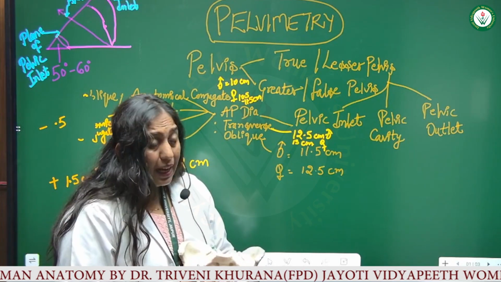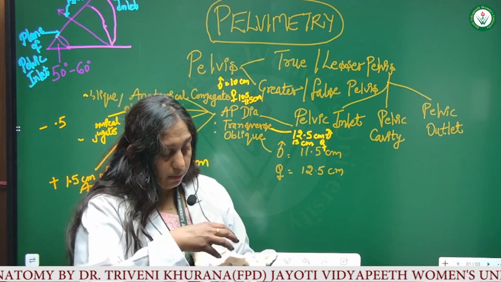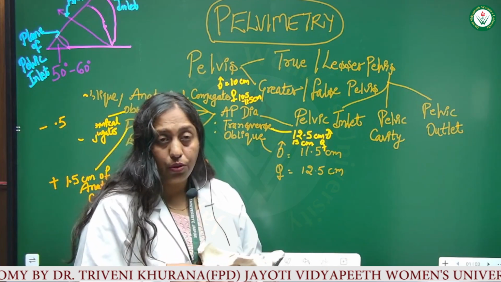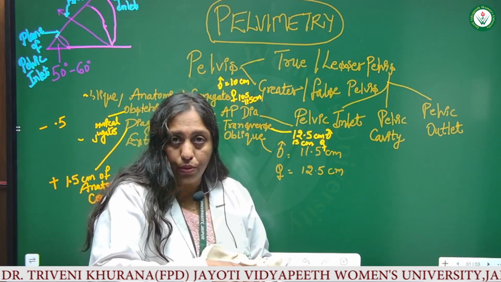And the obstetrical diameter has its own significance, because जब हमारा फीटल पार्चुरेशन होता है तो फीटल का जो हेड है एक्चुअली यहाँ से ही ट्रैवर्स होता है.